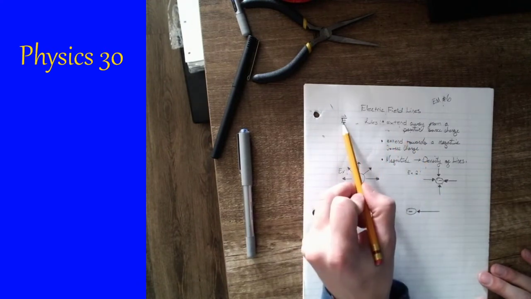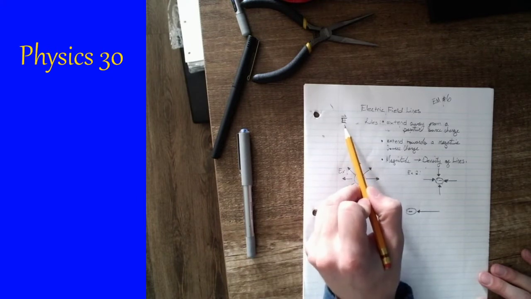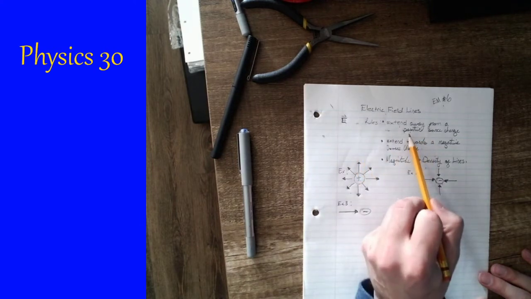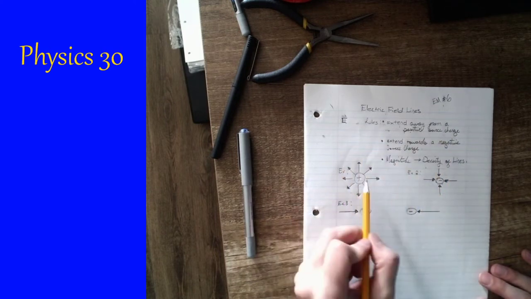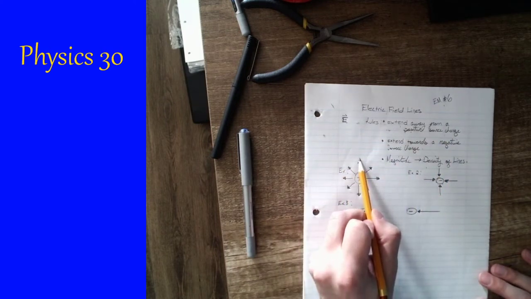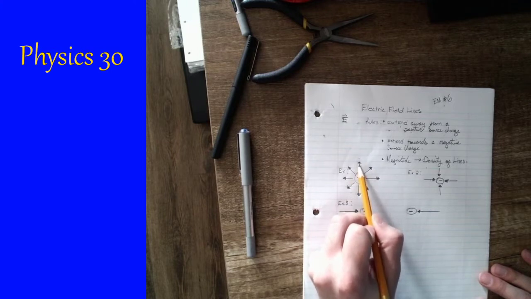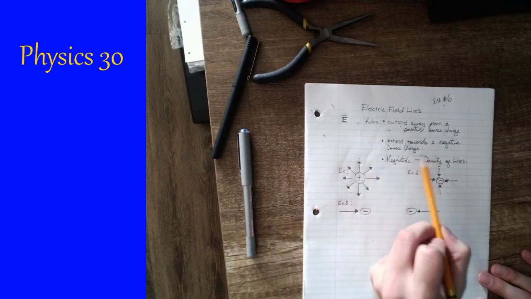The electric field is represented by what actually would happen when a positive charge is placed near that object. So what happens when a positive charge is placed near a positive source charge? Well, they should want to repel each other. So if I place the positive charge here, it should want to move away from this positive source charge.